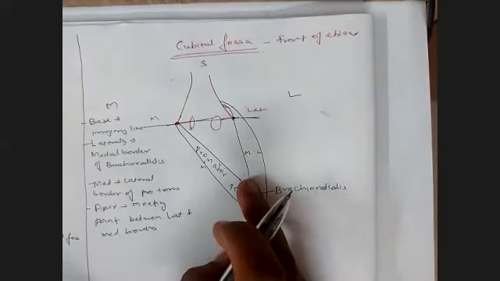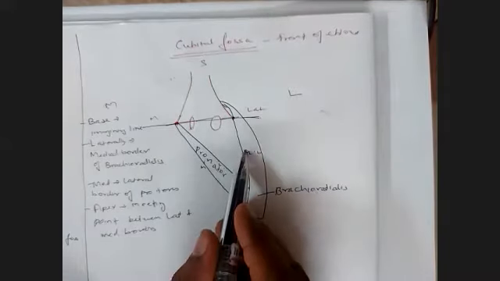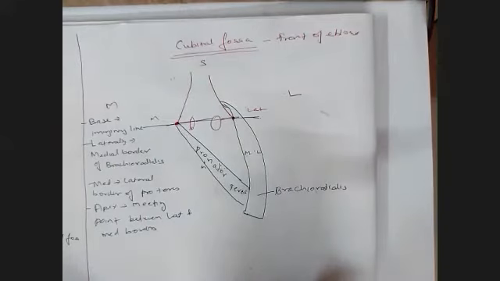That forms the apex. Base is formed by an imaginary line. Medial is the lateral border of pronator teres. Lateral is the medial border of brachioradialis.